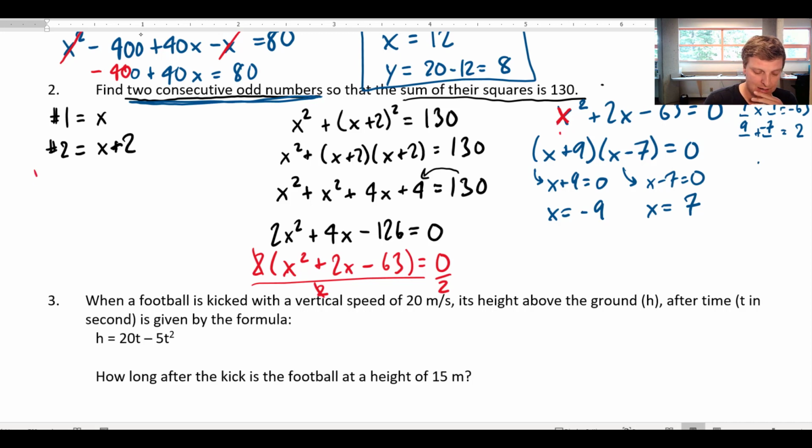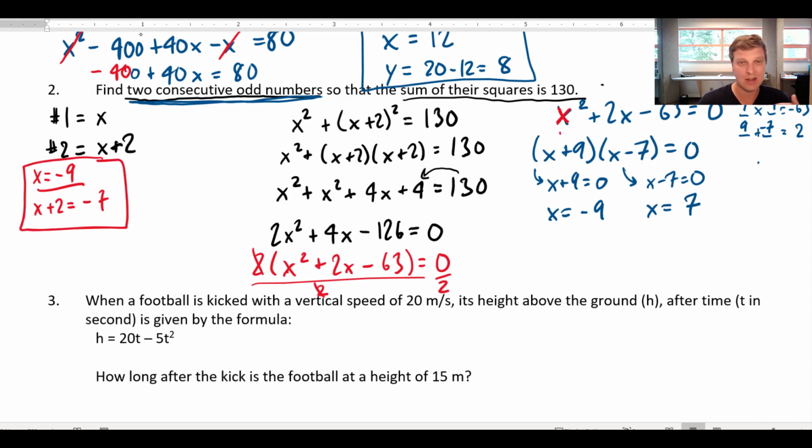If x equals -9, then x plus 2 would equal -7. -9 and -7 are consecutive odd integers, and -9 squared is 81, and -7 squared is 49. Those add up to 130. So this is one possible solution, -9 and -7. Those work.